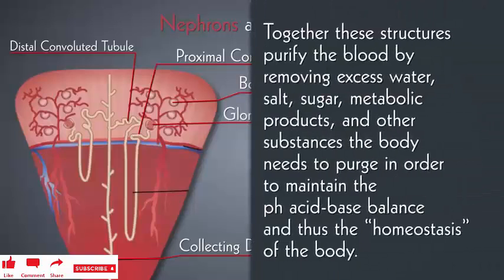Together, these structures purify the blood by removing excess water, salt, sugar, metabolic products, and other substances the body needs to purge in order to maintain the pH acid-base balance and thus the homeostasis of the body.